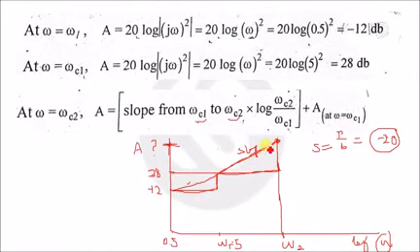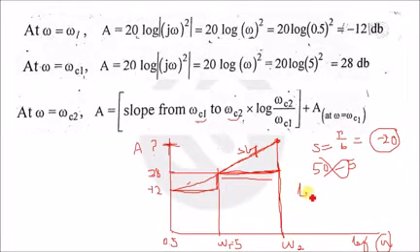Fine. Do I know this length? No, I do not know, but I know this point and this point, and if I subtract this point from this point, then I can get this length. So can I subtract 50 minus 5? No, I cannot subtract like this, because this is not a linear scale, it is a log scale.